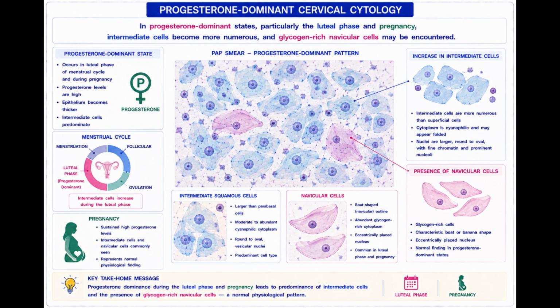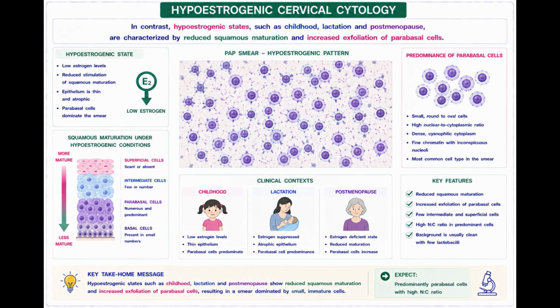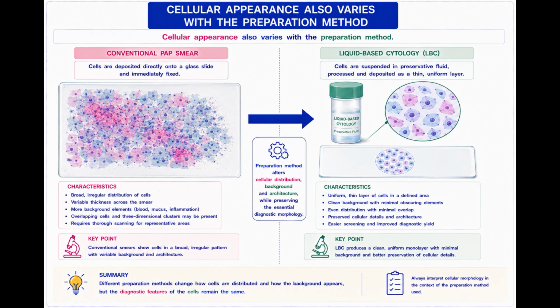In progesterone-dominant states, particularly the luteal phase and pregnancy, intermediate cells become more numerous, and glycogen-rich navicular cells may be encountered. In contrast, hypoestrogenic states, such as childhood, lactation, and postmenopause, are characterized by reduced squamous maturation and increased exfoliation of parabasal cells. Cellular appearance also varies with the preparation method.